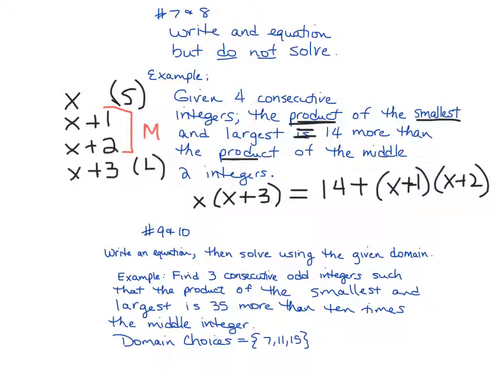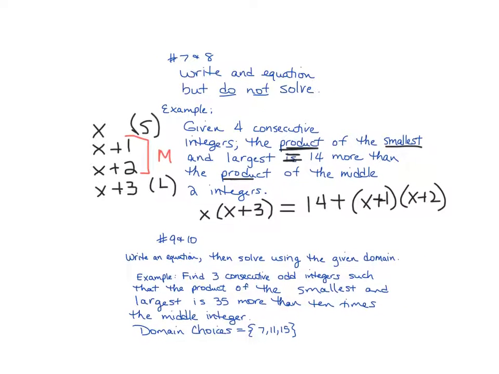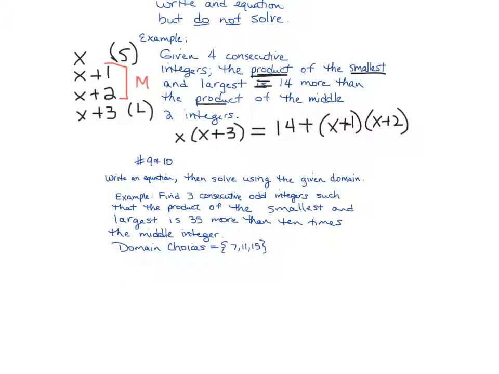On 9 and 10, we're going to write the equation and solve it. So for number 9, this time it's asking for consecutive odd integers, and there's 3 of them. So my consecutive odd could be x, x plus 2, and then x plus 4. That would be the first 3 consecutive odd integers.